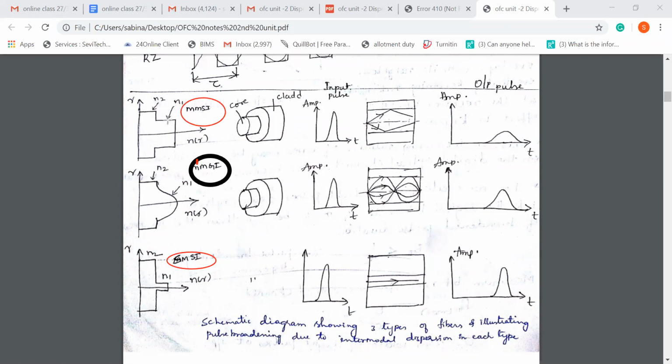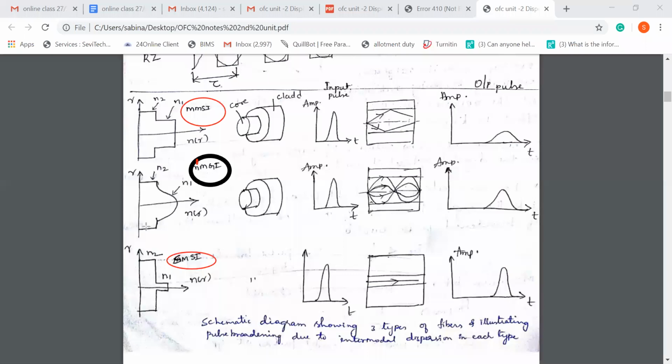So this is my n1 and this is n2, and this is the profile for the multimode step index fiber. If we have an input pulse, the output pulse is broadened, meaning at our output the dispersion effect is more, right?